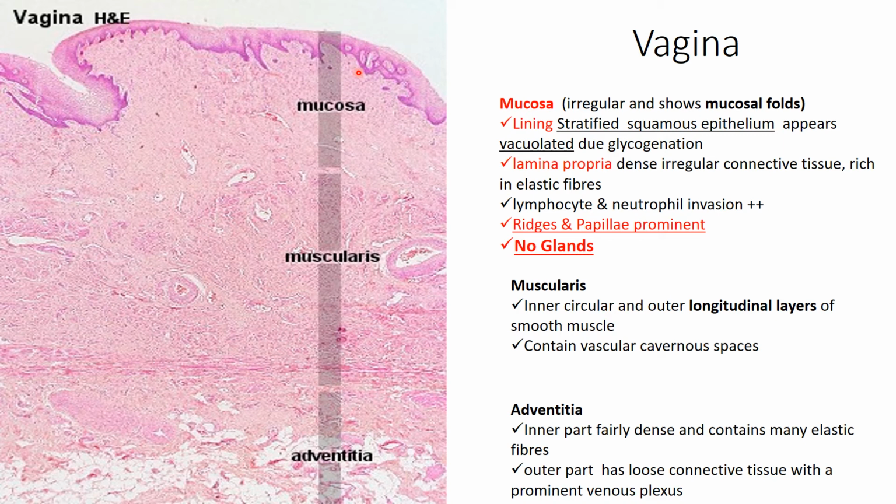This lamina propria is vascular as well as elastic. It is also highly cellular because of infiltration by lymphocytes and neutrophils. As is evident, the papillae are elongations of the connective tissue into the lining epithelium, and the ridges are prolongations of the lining epithelium into the connective tissue.